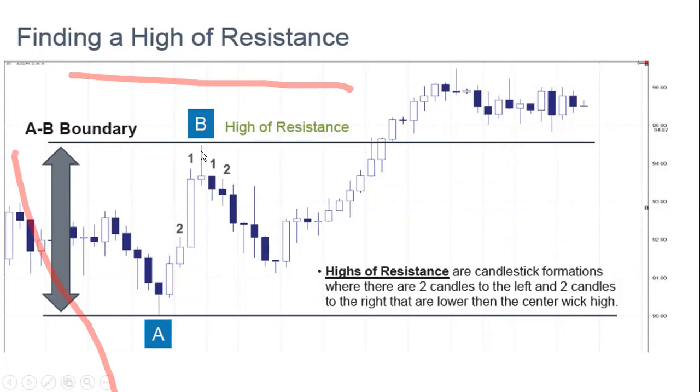But now you cannot actually place your fib tool yet, because it is not a high until two candles close after it. So you can call this a high after two candles. If it is a smaller time frame like 15 minutes, fine. If it is 1 hour, it means 2 hours candle after this should form. And now you can actually say that this is a high.